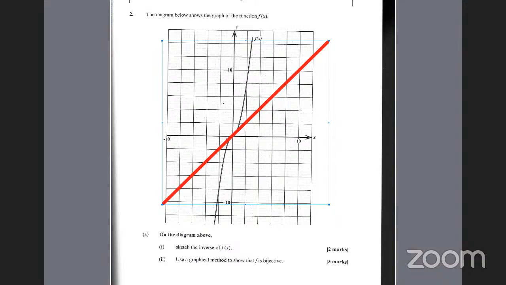Right, so when you're reflecting in the line y equal to x, if you reflect 2, 8, it becomes 8, 2.